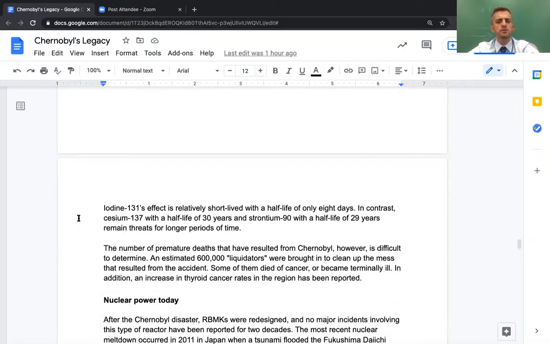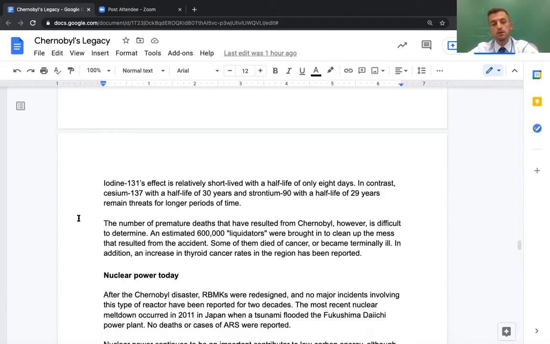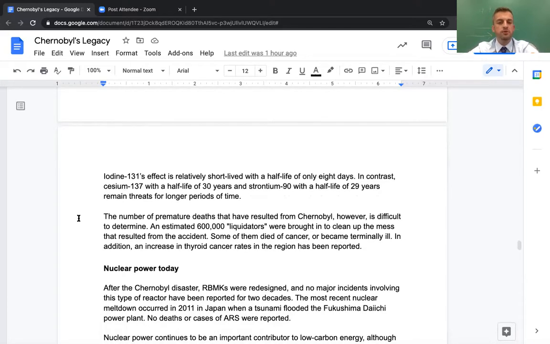Iodine-131's effect is relatively short-lived with a half-life of only 8 days. In contrast, cesium-137 with a half-life of 30 years and strontium-90 with a half-life of 29 years remain threats for longer periods of time. The number of premature deaths that have resulted from Chernobyl, however, is difficult to determine.